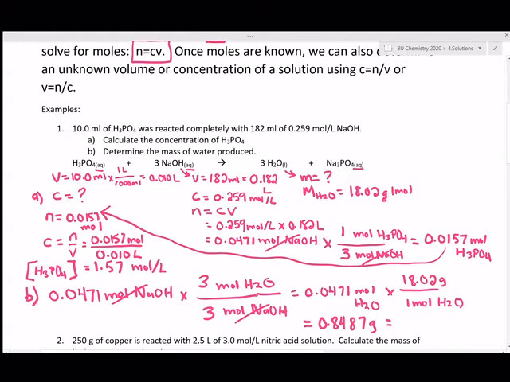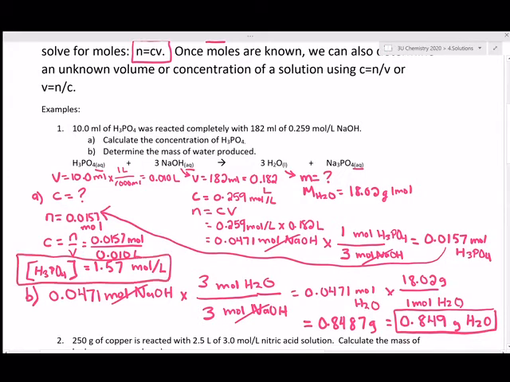Now with sig digs, if you look back at the question, everything had 3, so maximum 3. So that means that 8 is going to turn into a 9, and that will be my grams of water. Okay, and I really should put that in a box too, because that was also a final answer for part A. Okay, so that's our first question.